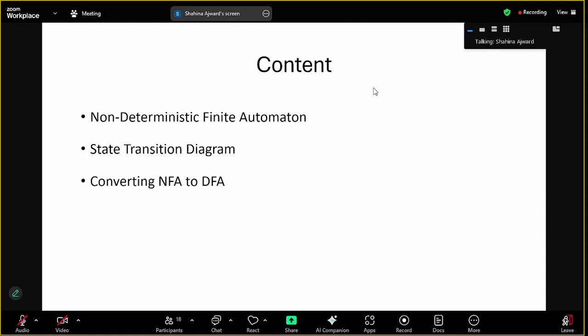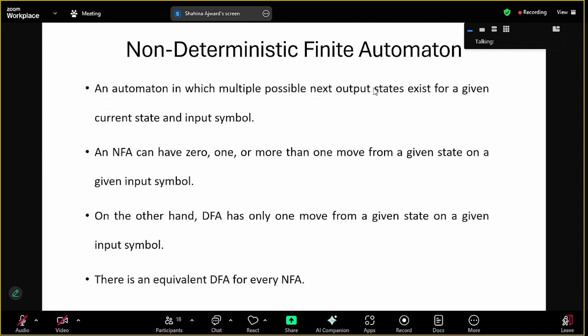So every NFA will have an equivalent DFA. So we see how we can create this equivalent DFA.